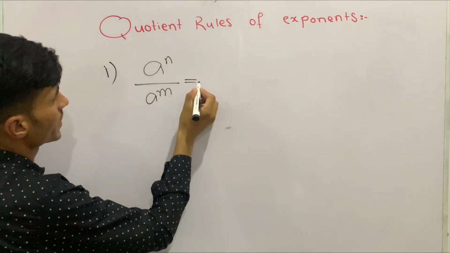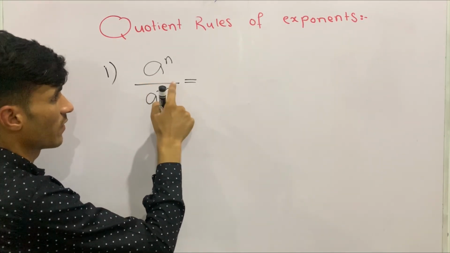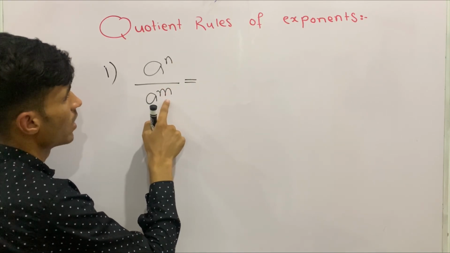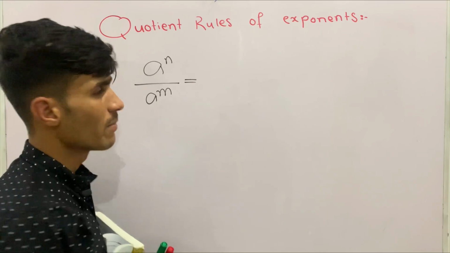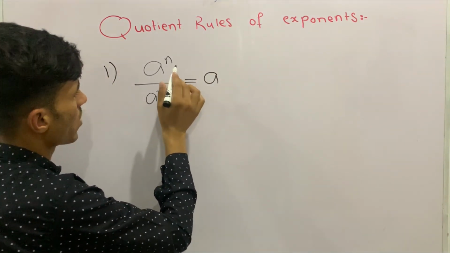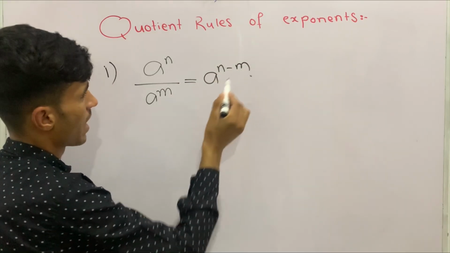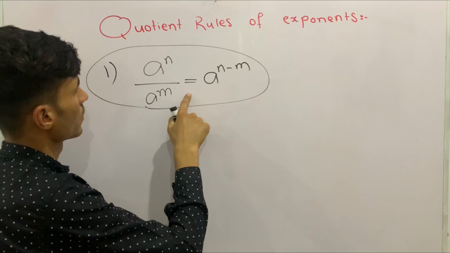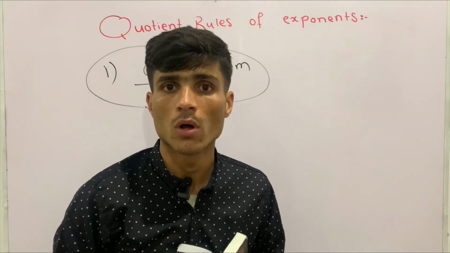If you're having the same bases in case of division, but the exponents are not the same, what you have to do is keep the same base, which is a, and subtract the exponents, which is n minus m, right? Keeping in mind this as the first quotient rule for exponents will help you a lot.